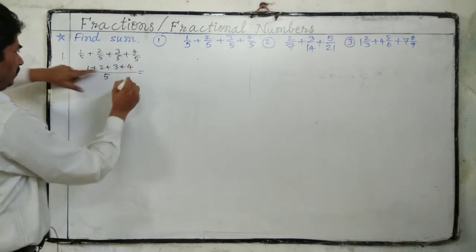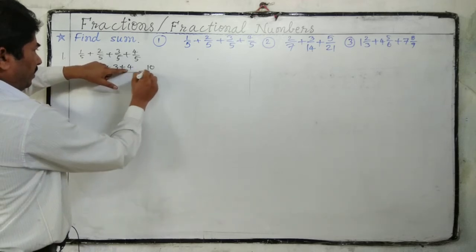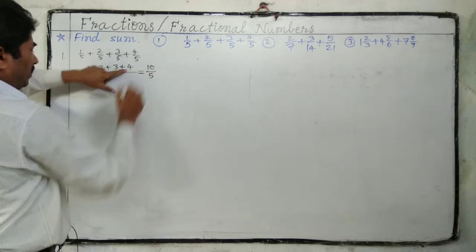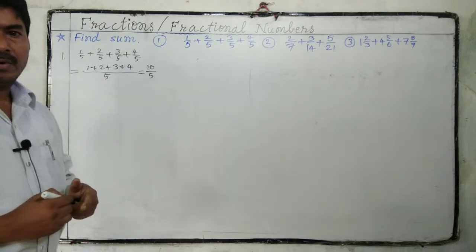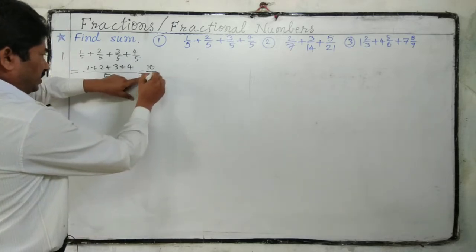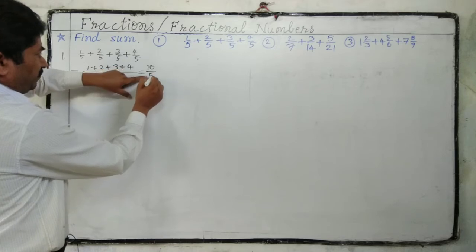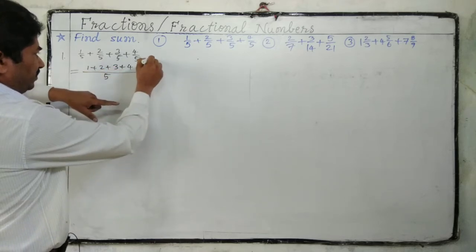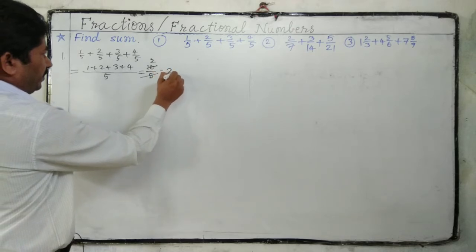That is equal to 1 plus 2 is 3, 3 plus 3 is 6, 6 plus 4 is 10, so 10 by 5. We have to write the answer always in simplest form. That's why we cancel with the common factor 5. 5 ones are 5, 5 twos are 10. 2 by 1 means 2.